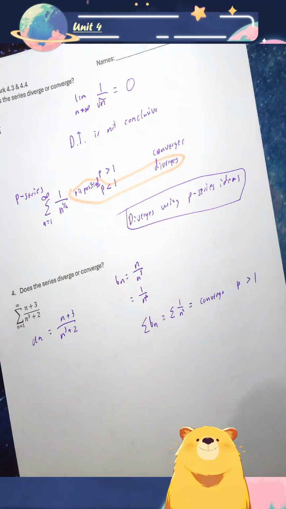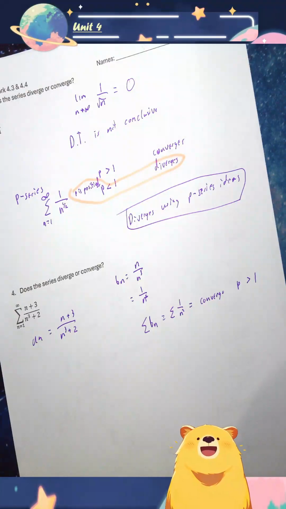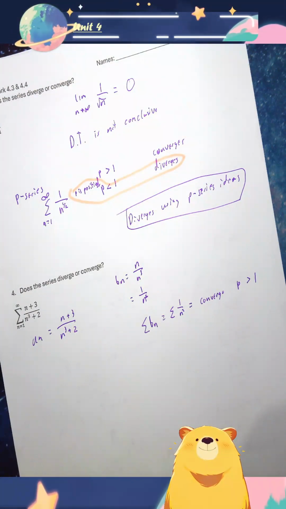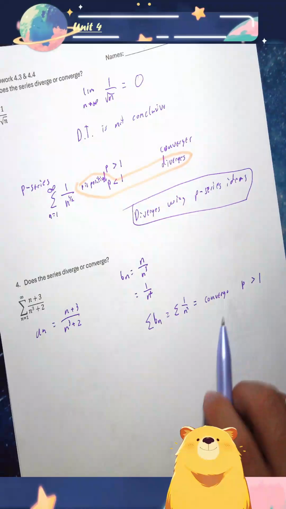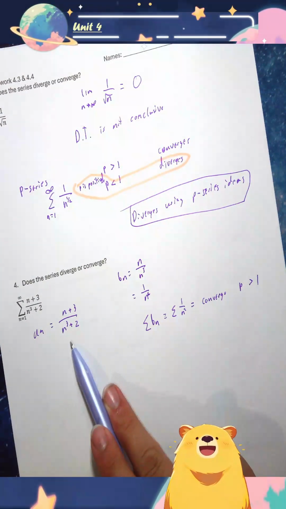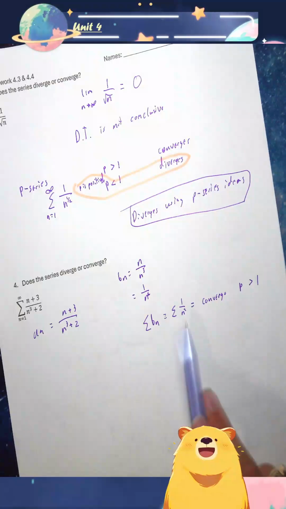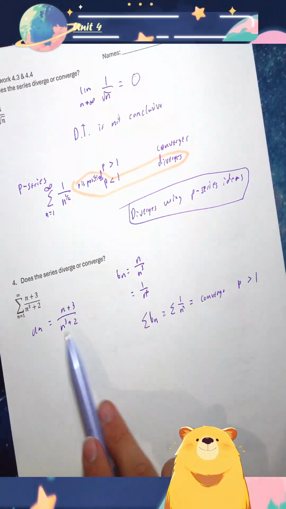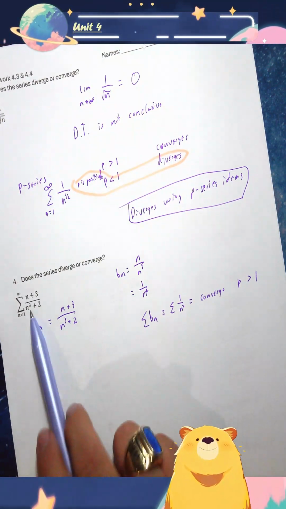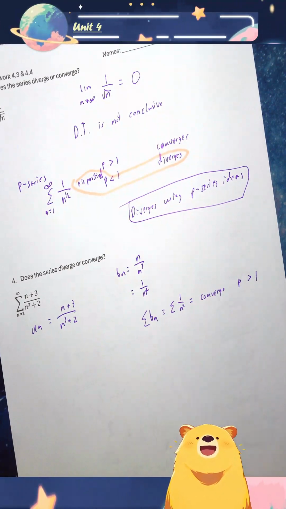Okay, so if p is greater than 1, then you're going to go ahead and see if this guy converges. Because if this converges and we divide the two and we get a non-zero L, then this guy will match this result, which is converging.